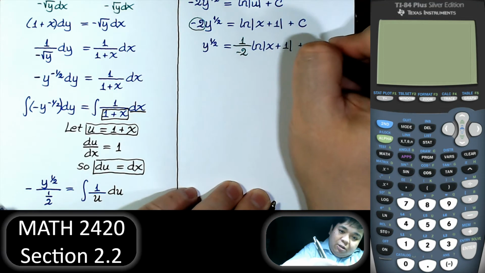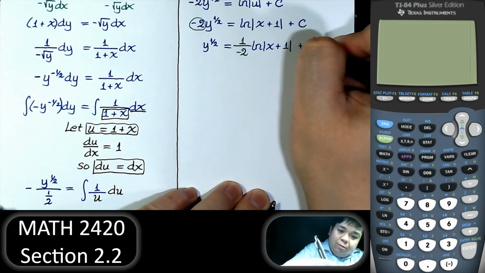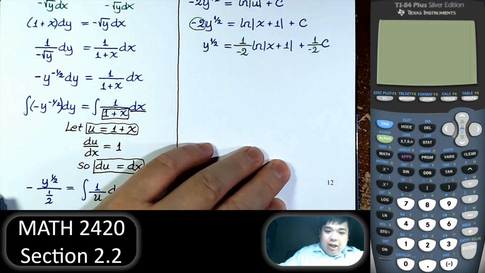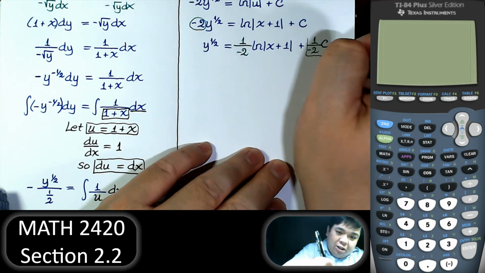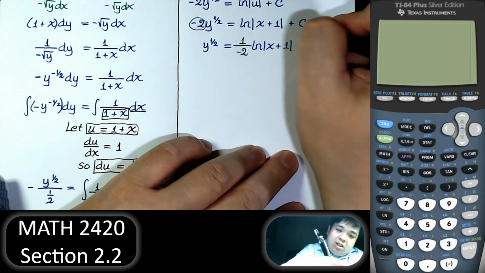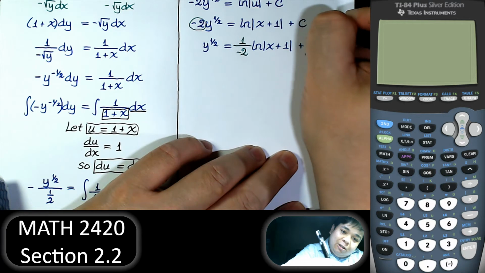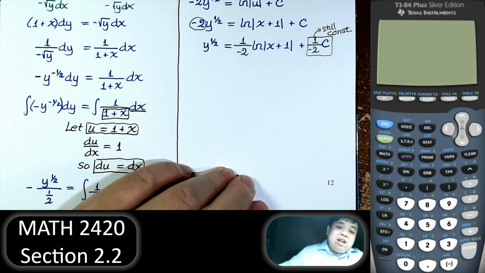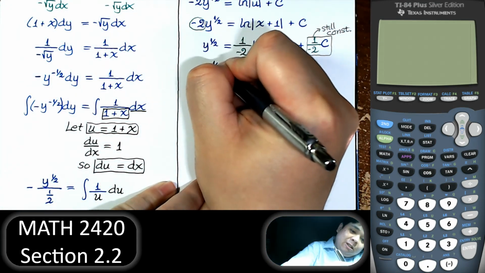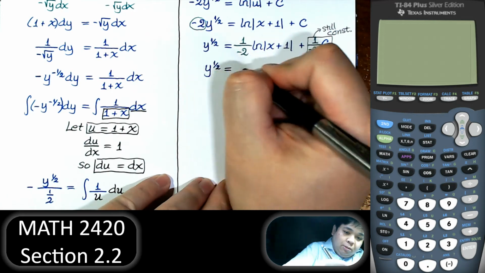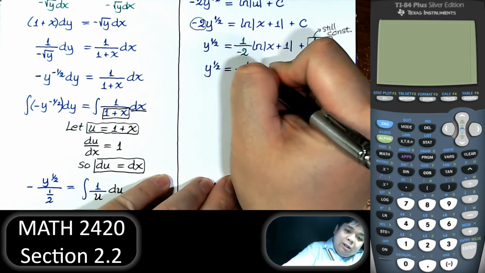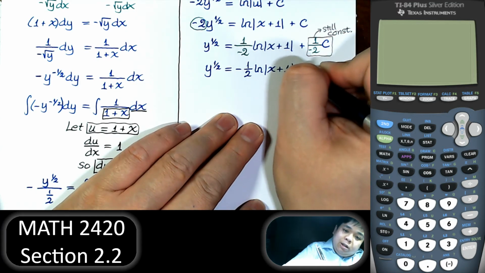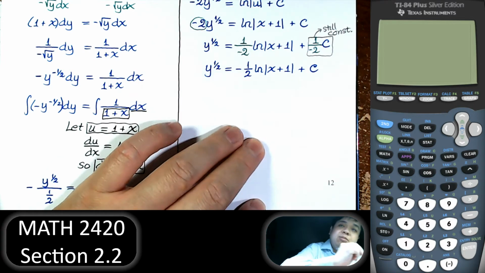There's nothing wrong there. Right. Now c is a constant multiplied by negative 1/2, still a constant. So we just write that as c. Negative 1/2 ln x plus 1 plus a constant c. Right.